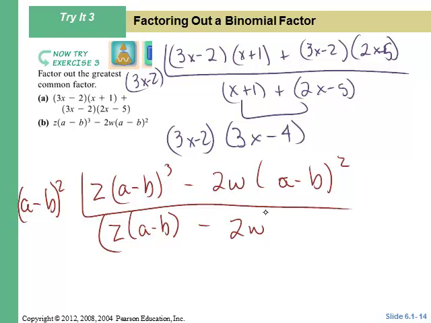And so that is our factored form. Next one. Oh, I think they want us to multiply this out, za minus zb minus 2w. Next one.